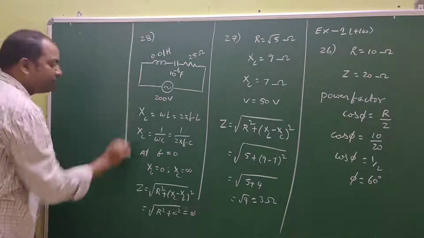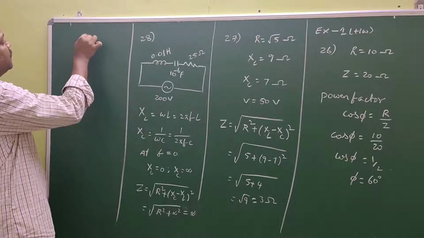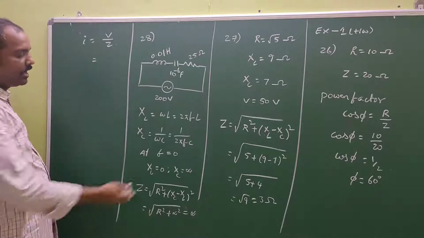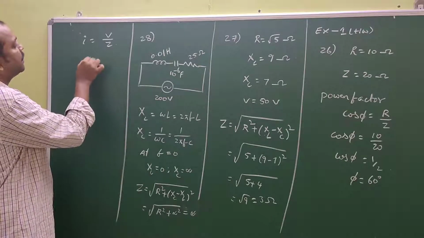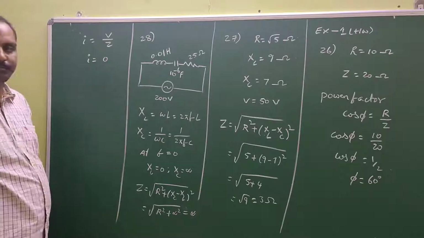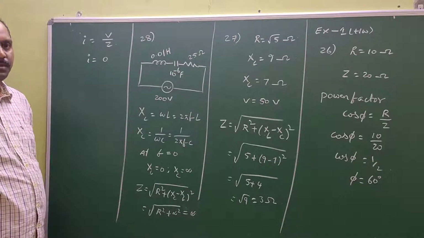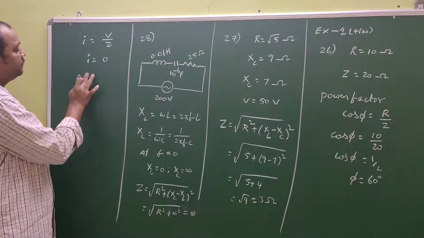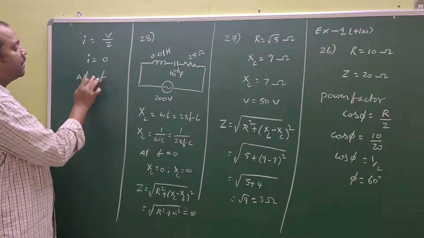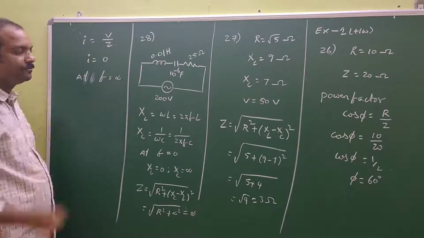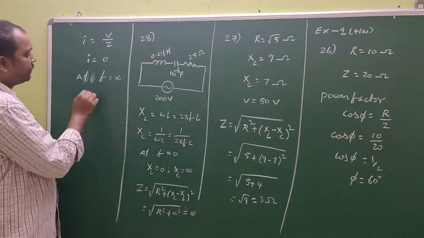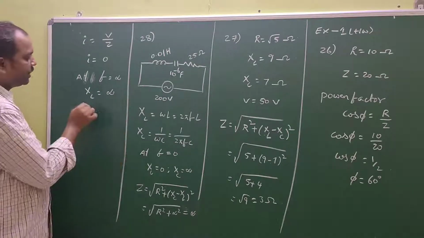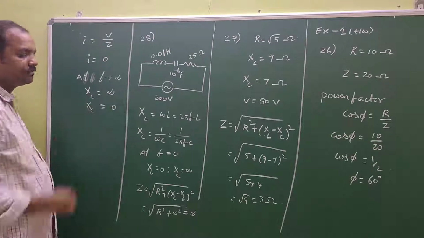As the impedance is infinity, what is the current? Current is equal to applied potential by impedance. As the impedance is infinity, current will be 0. Similarly, at a frequency of infinity, inductive reactance is infinity and capacitive reactance is 0.